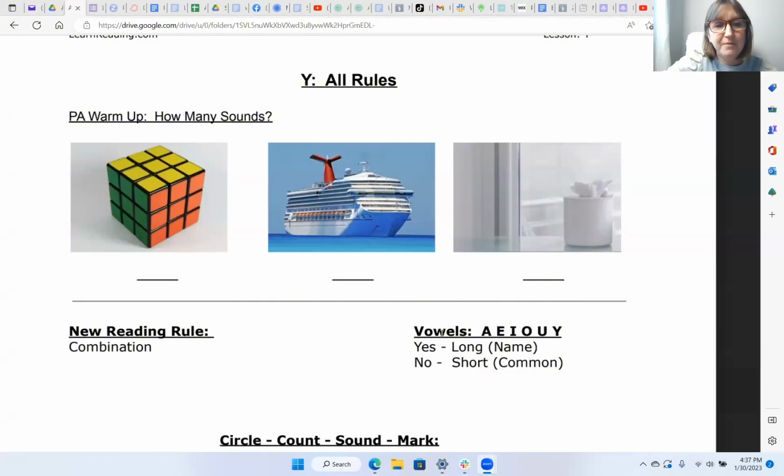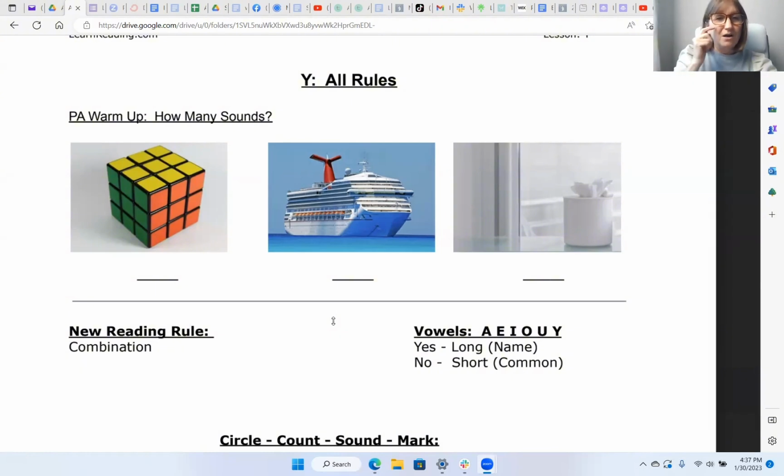So with that being said, how many sounds are in cube? Put it in the chat. Good.